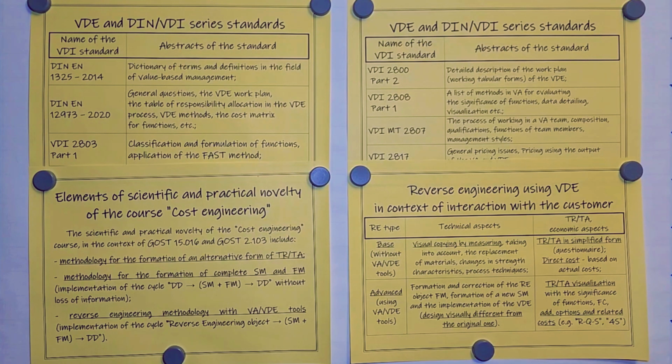In a series of videos on the implementation of value analysis, all these problems of implementation of value analysis in the standard will be included, but we will consider them a little more deeply.